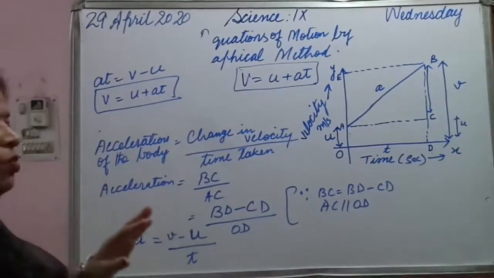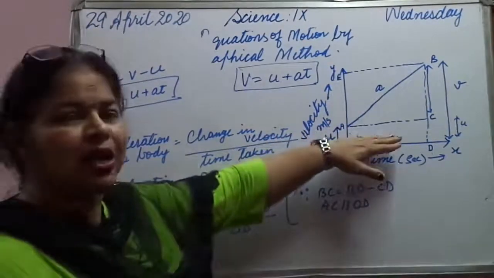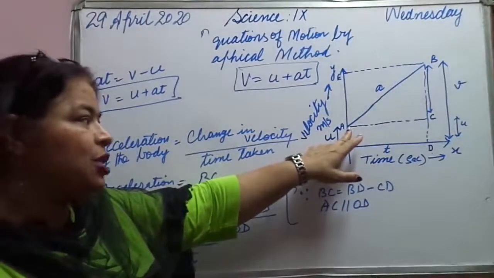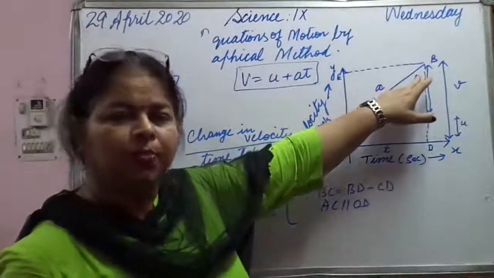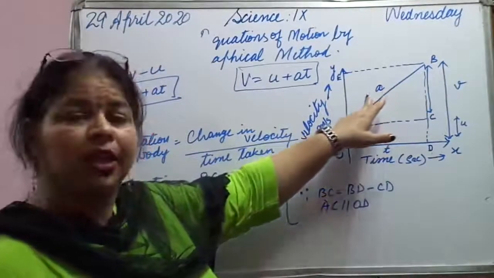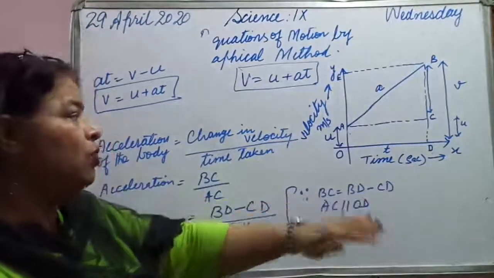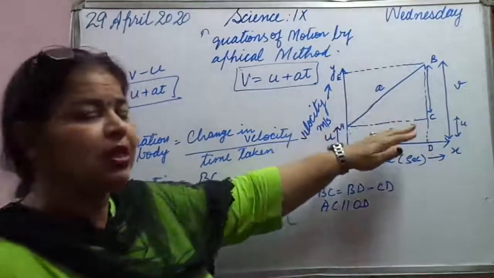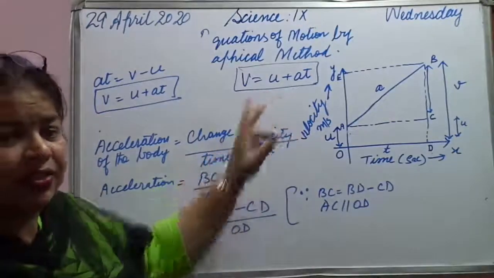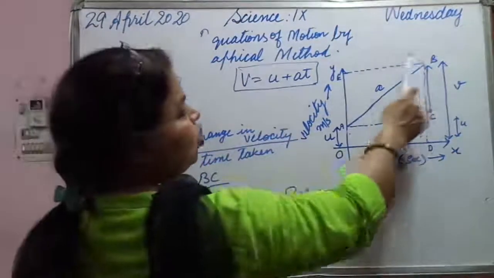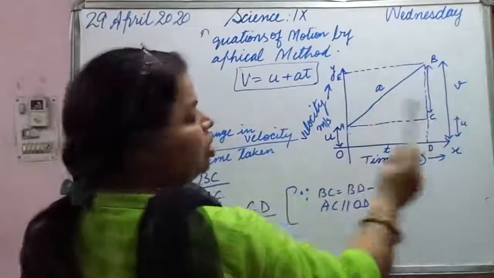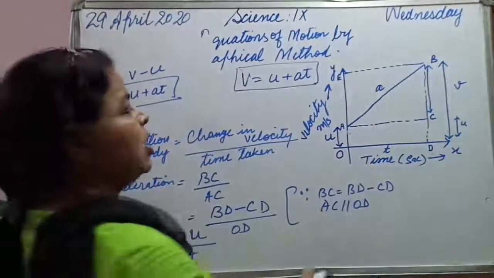Let us recapitulate. This is a graph in which an object is showing its initial velocity. It starts moving from A and reaches B, and is accelerated by acceleration A. Now, to prove graphically that V is equal to U plus AT, we are going to drop two perpendiculars, BE on the y-axis and BD on the x-axis.